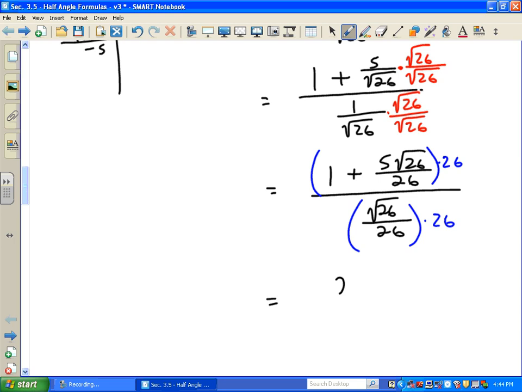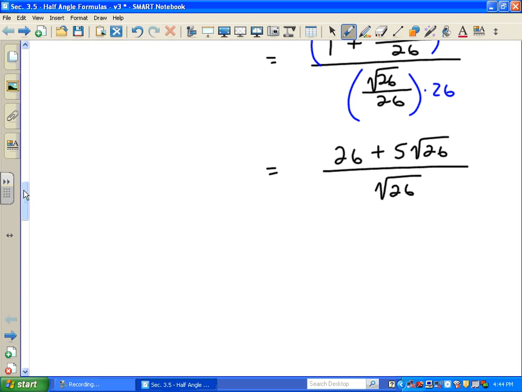That would result in 26 plus 5 roots of 26. And then in the bottom, the 26 cancels. You'd wind up with root of 26 in the denominator. As your last and final step, multiply each term by the root of 26 to get rid of the root on the bottom.